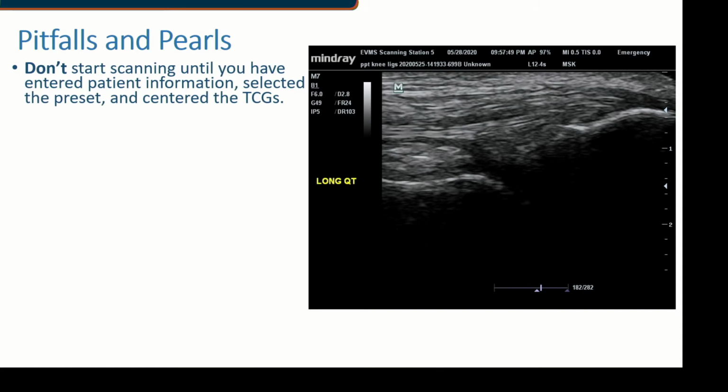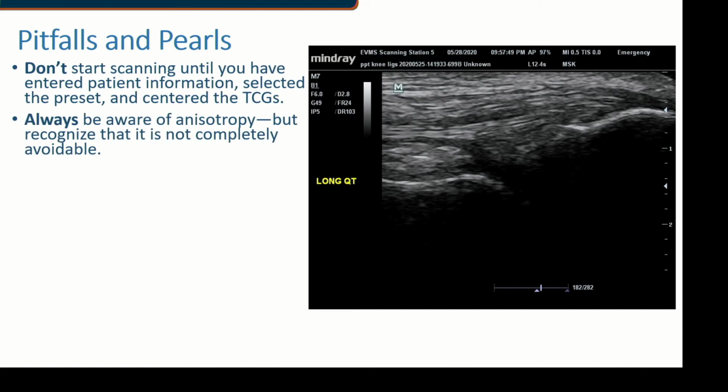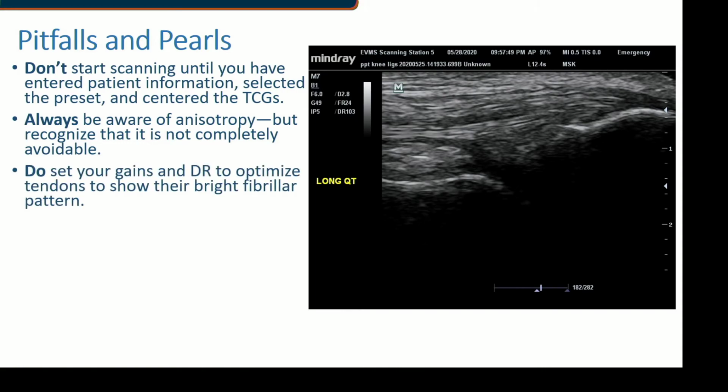Be sure you have the proper probe attached to your machine before you even begin. And always be aware of anisotropy. I'm going to keep harping upon this with MSK because it really is the one thing that interferes the most with MSK. And just recognize that it can't always be completely avoidable, so know your anatomy.